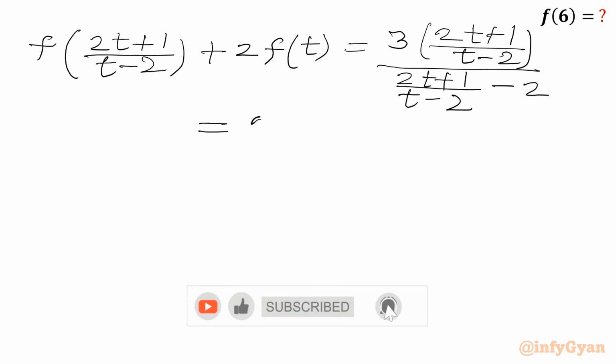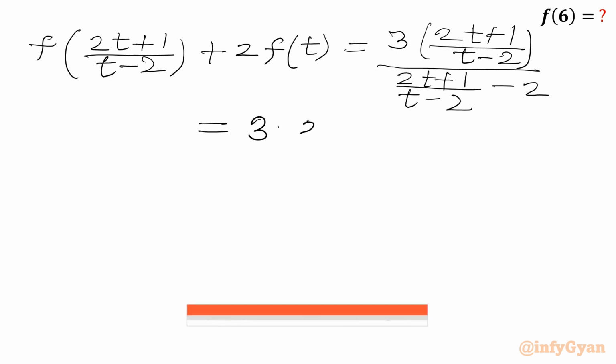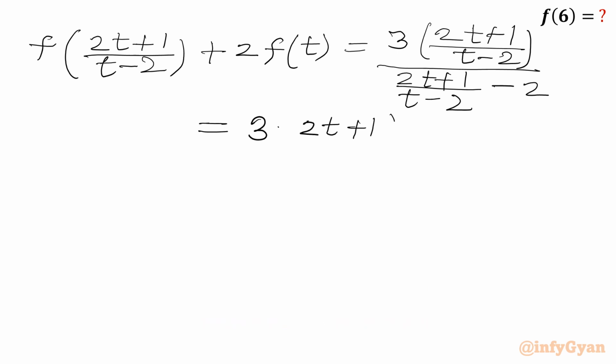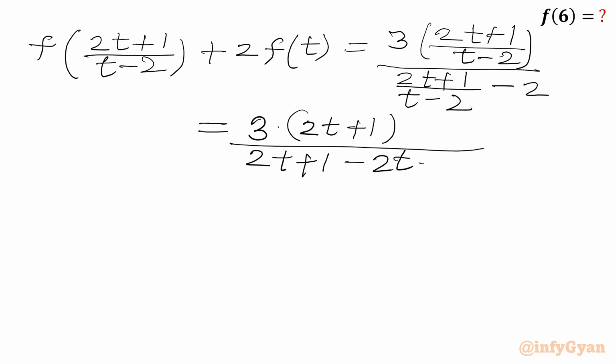So I can write 3 times (2t plus 1) over denominator, we will be writing 2t plus 1 minus 2t plus 4, over t minus 2 and t minus 2 from the denominators. So plus and minus 2t will be cancelled out.